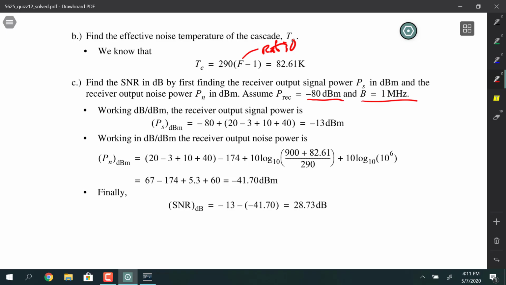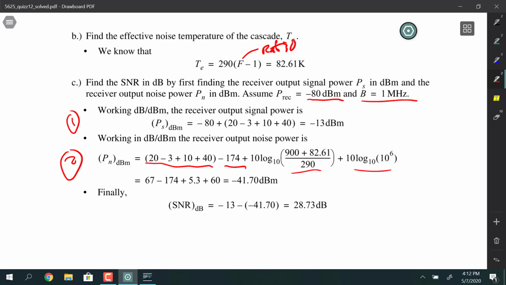This is part 1, get the received signal power in dBm. And then part 2 is to go with our TE and TS and build that up into the noise equation that we've seen a couple of times, the minus 174. These are the gains all the way through, and this is the ratio of the temperatures, and then this is the bandwidth.